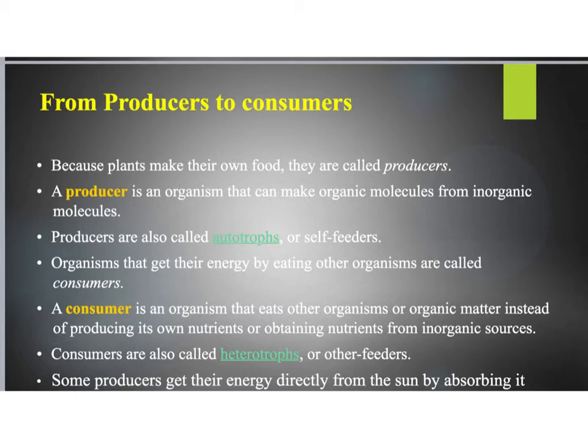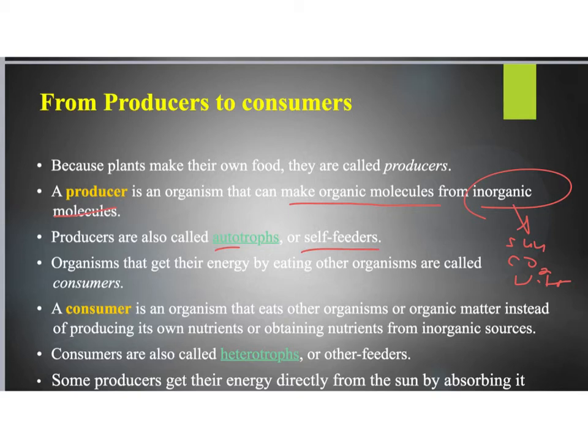Okay, a little more detail now on producers and consumers. So again, a producer is an organism that makes its own food, that makes its own organic molecules from inorganic molecules, right? That would be the sun's energy, and CO2, and water. Producers are also called autotrophs, right? So auto meaning self-feeders, troph meaning energy or food. So autotrophs.